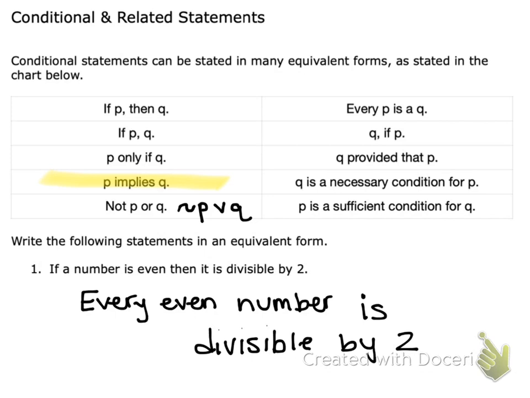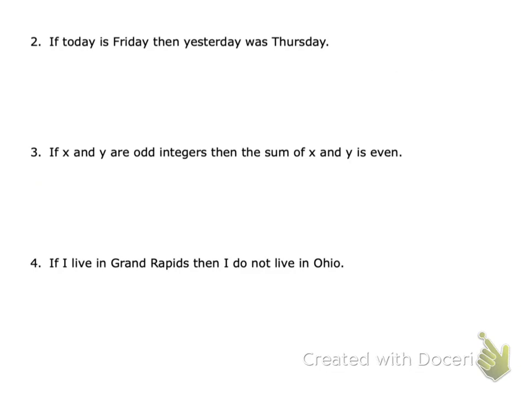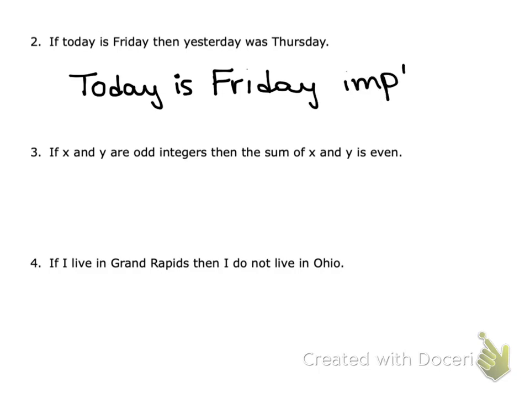How would we say that? Yeah, Elena. Yep. So I would still start with today. So either you can say today is Friday or today being Friday, something like that. Today is Friday implies yesterday was Thursday.